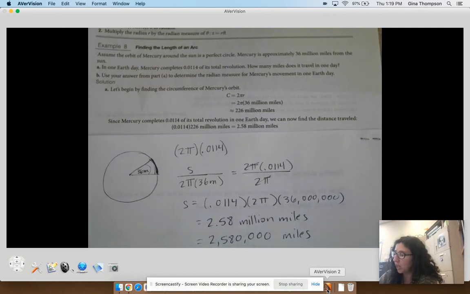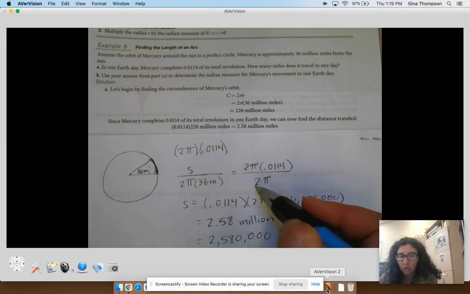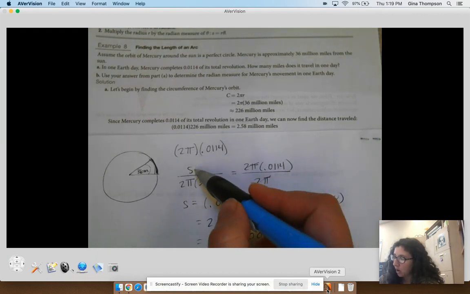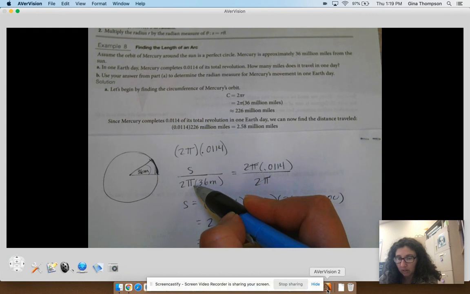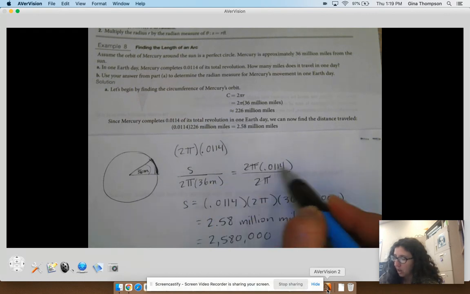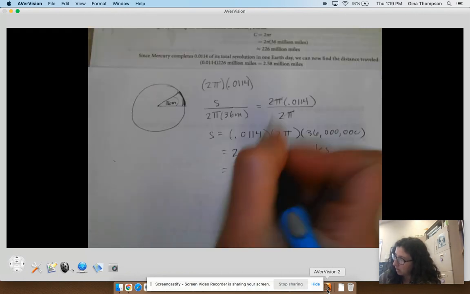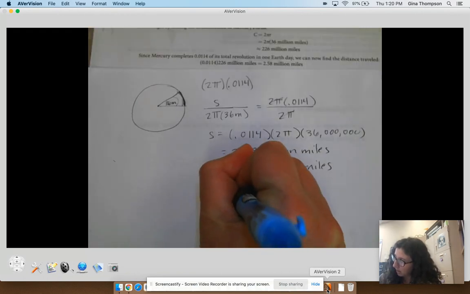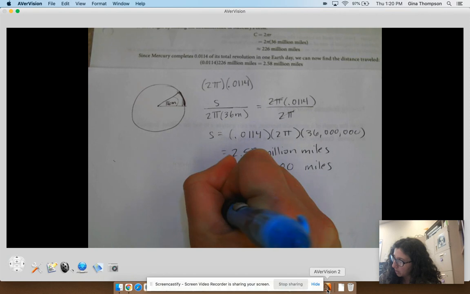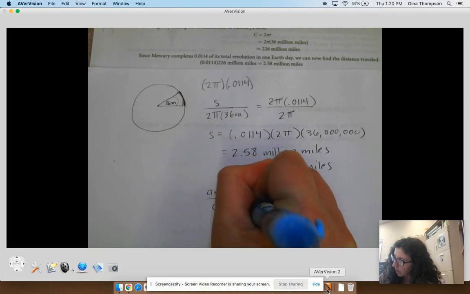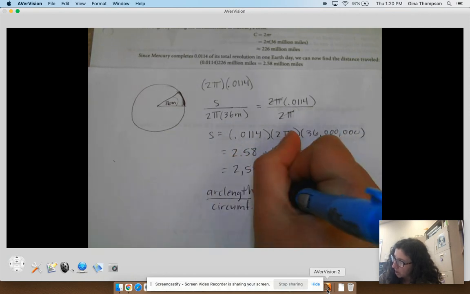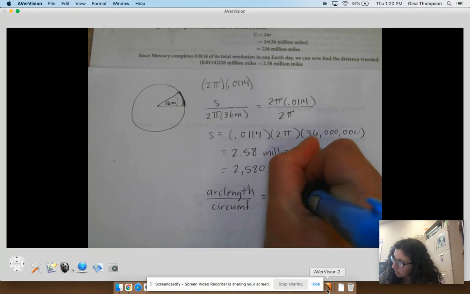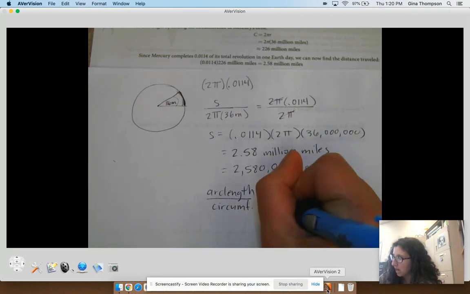So the key is this ratio, right? Knowing the arc length to the circumference equals this angle to, so let's write that, arc length to the circumference equals the angle that it travels divided by 2 pi.